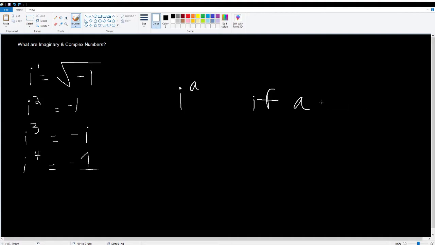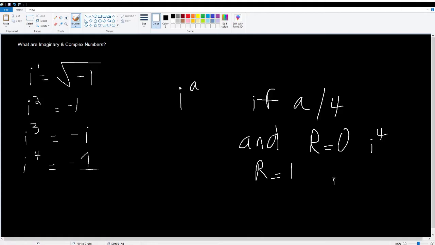If you don't know what mod means, let's just do a divided by 4 and look at the remainder. If the remainder is equal to 0, this is basically i to the 4th. If the remainder is equal to 1, this is i to the 1. If the remainder is equal to 2, it's basically i squared. If the remainder is equal to 3, this is i cubed. Okay? So that's how you can tell.